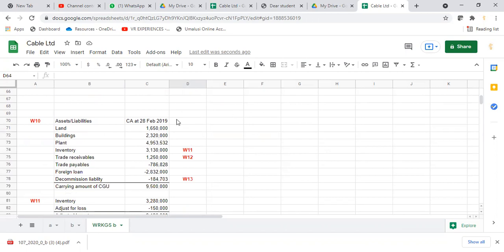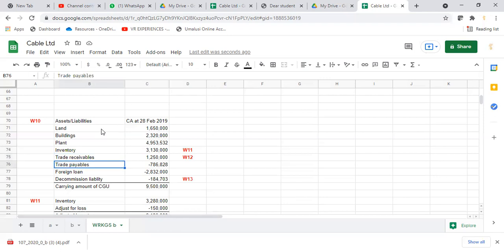So which assets fall within IAS 36? It is land, it is buildings, and it is plant. Inventory, you don't allocate against inventory, because inventory has its own impairment standard under IAS 2. Trade receivables, you do not allocate against, because trade receivables is a financial asset, and financial assets have their own impairment standard in terms of IFRS 9.